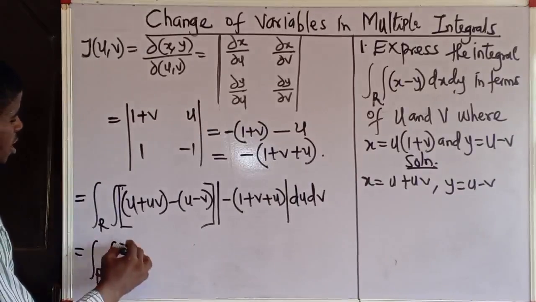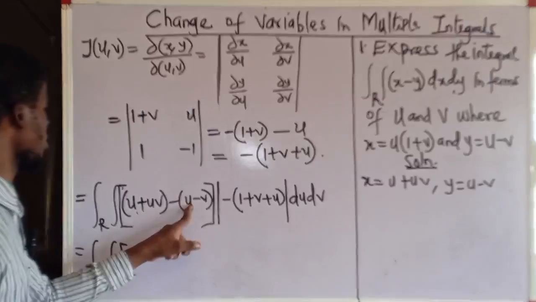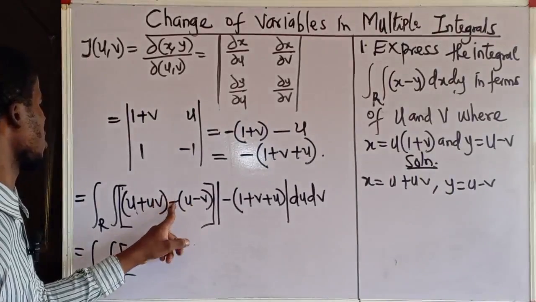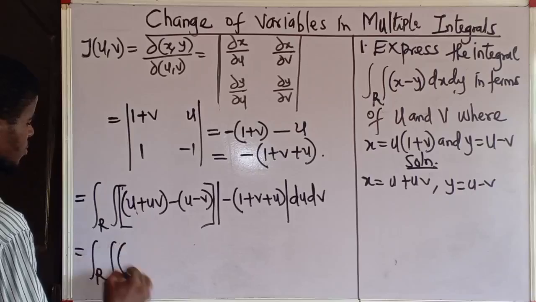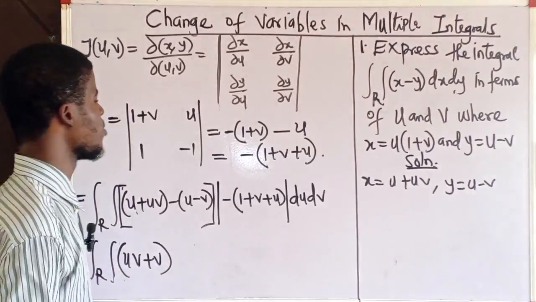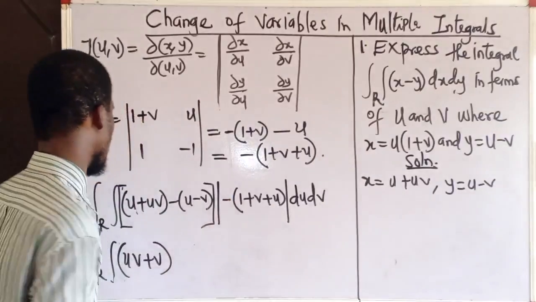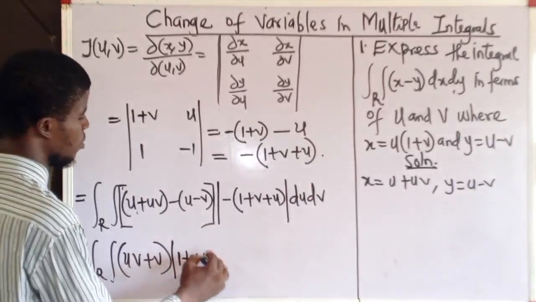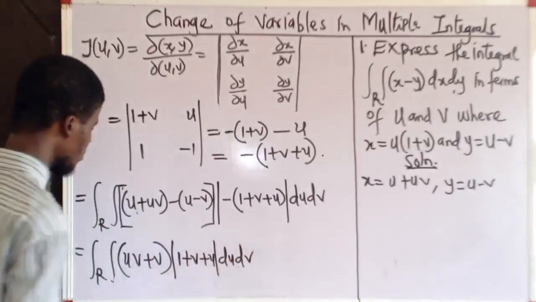So the double integral over the region R: u minus u is 0, so I'm having uv minus v, and that's uv plus v. What the absolute value does is change this minus to a plus. So we have the absolute value of 1 plus v plus u du dv.